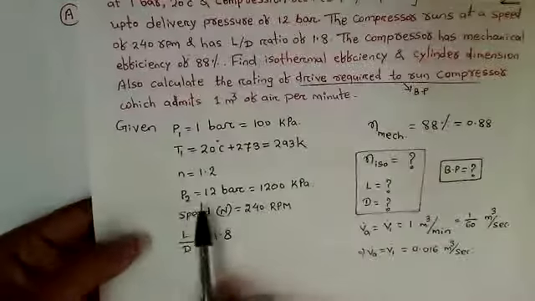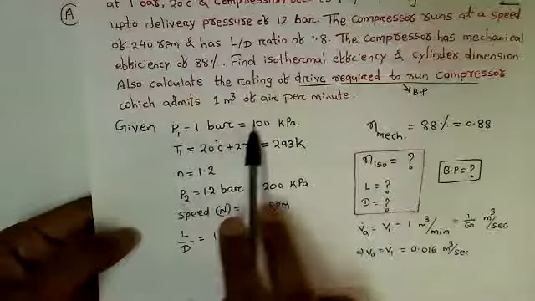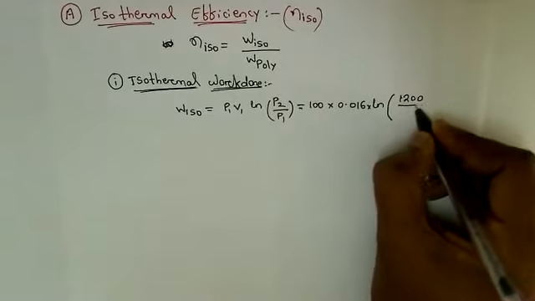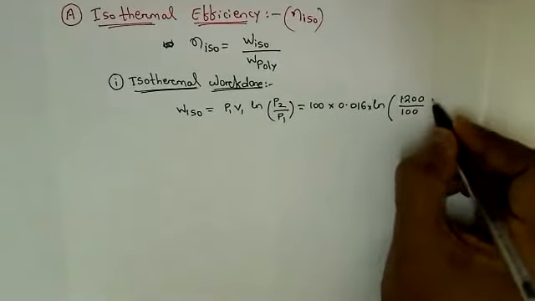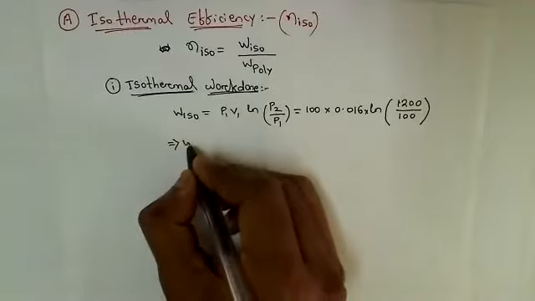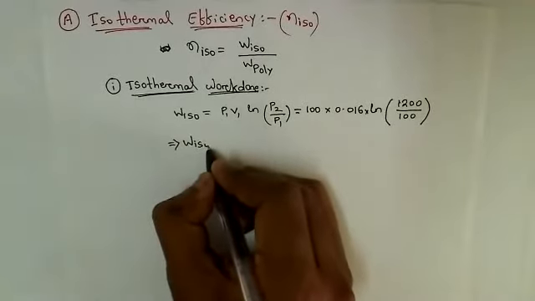What is P2? P2 is 1200, P1 is 100. P2 is 1200 divided by P1, which is 100. So you calculate this and tell me how much isothermal work done we are getting.